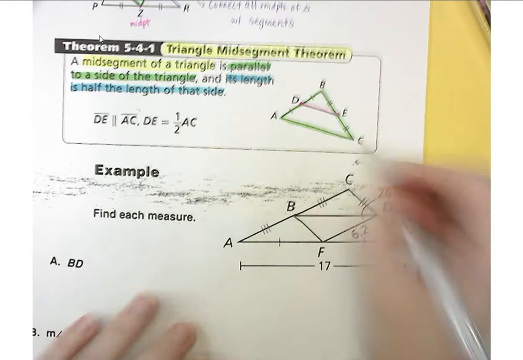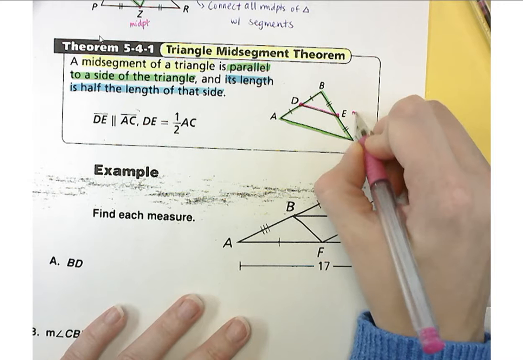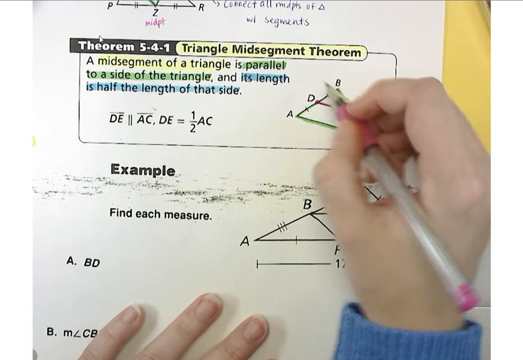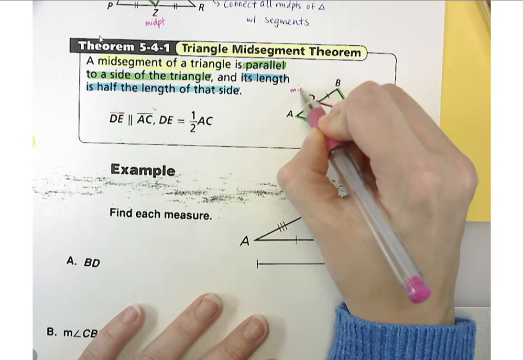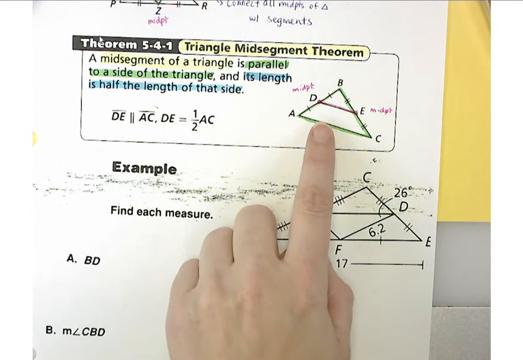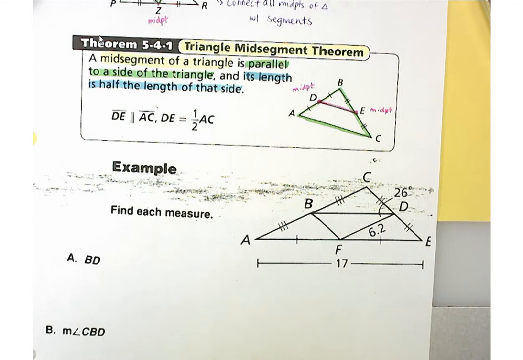You can see that because they're labeled. BE is congruent to EC. AD is congruent to DB. So that means DE is your midsegment.